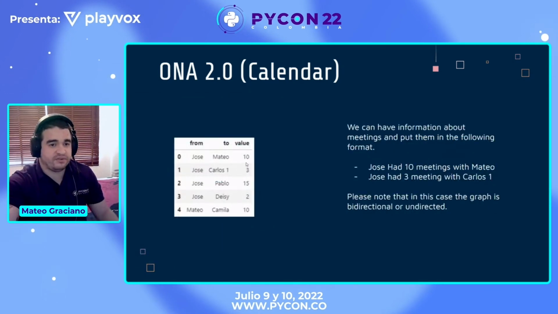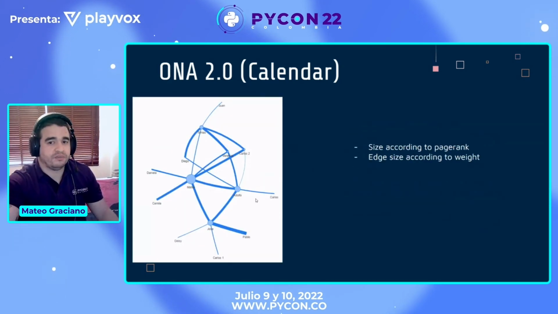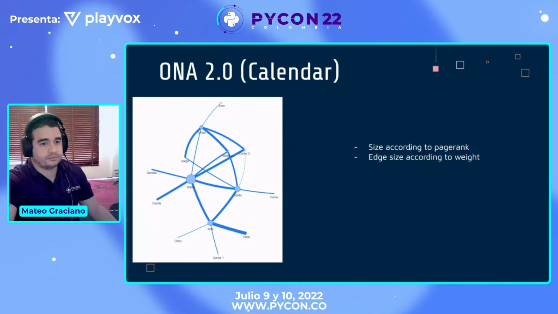And with that, we're able to build something like this, where the size depends on the page rank and the edge depends on the number of meetings between them.